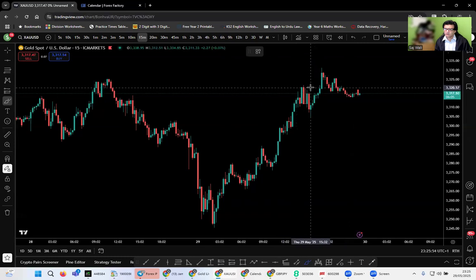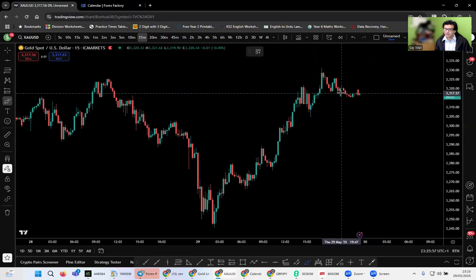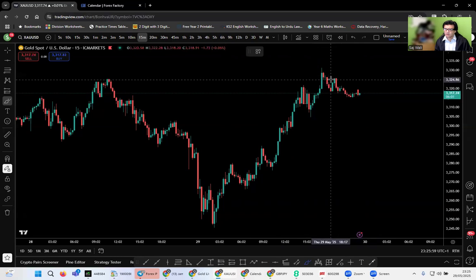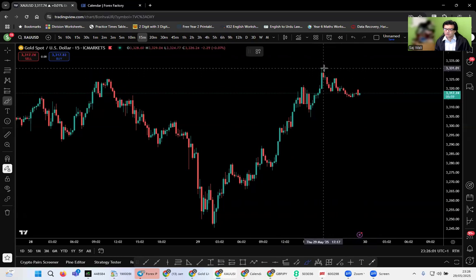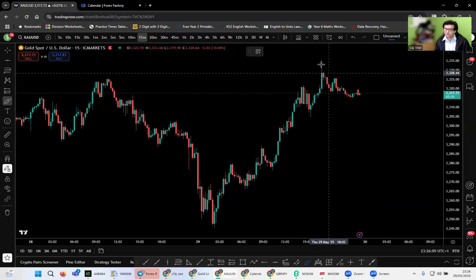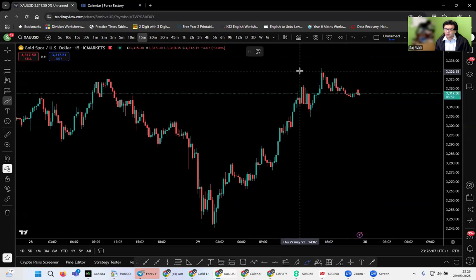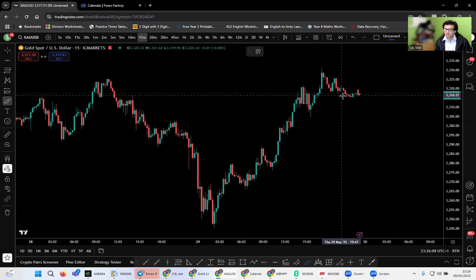We can see liquidity sweep in 15 minutes. 33.24 and this is 33.30 level almost. And market moved quite a bit.